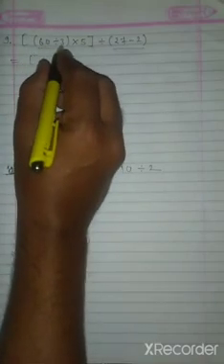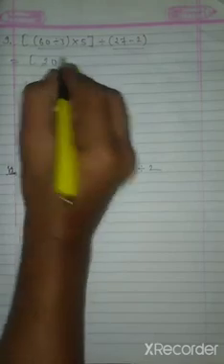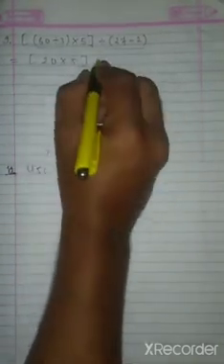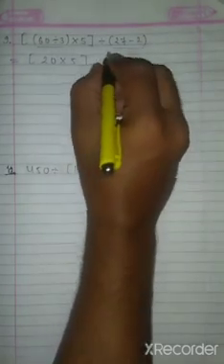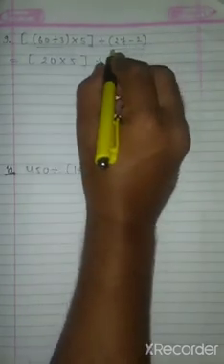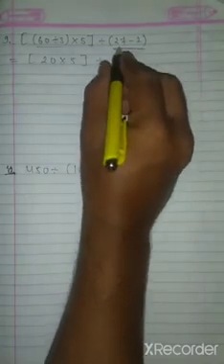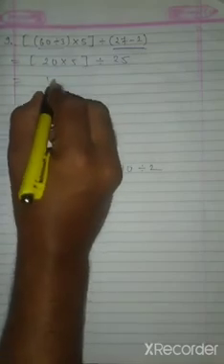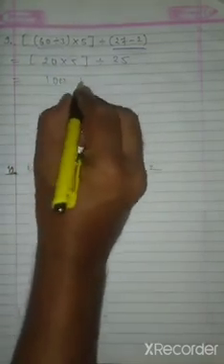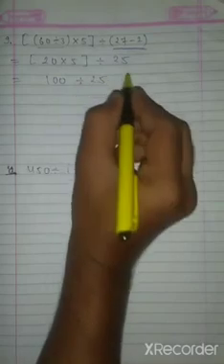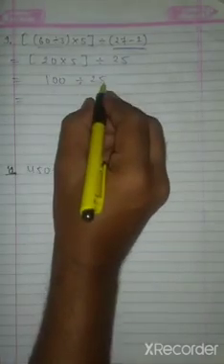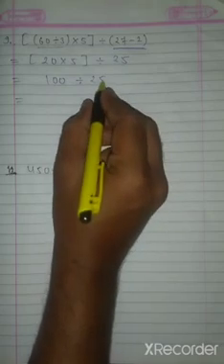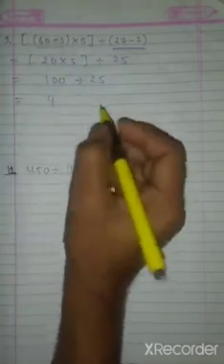Here 60 divided by 3 is 20, multiply by 5, square bracket close, divide by this bracket. Now we will solve this bracket: 27 minus 2 is 25. 100 divided by 25. Now 25 ones are 25, 25 twos are 50, 25 threes are 75 and 25 fours are 100.